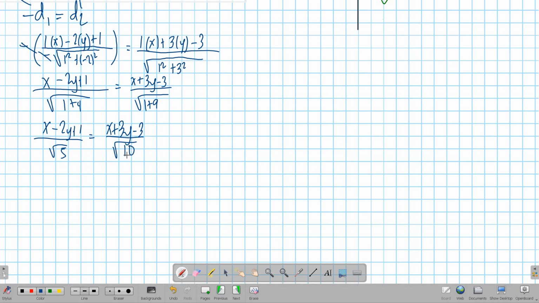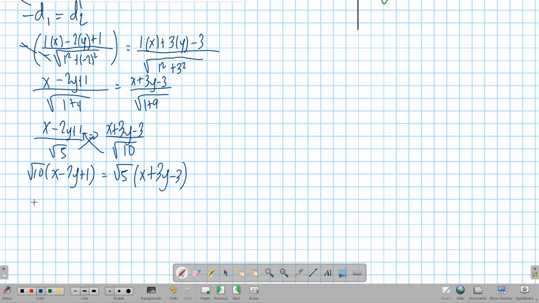This is now where it gets algebraic, because now we have to cross multiply, and therefore it becomes square root of 10 times x minus 2y plus 1 is equal to square root of 5 times x plus 3y minus 3.